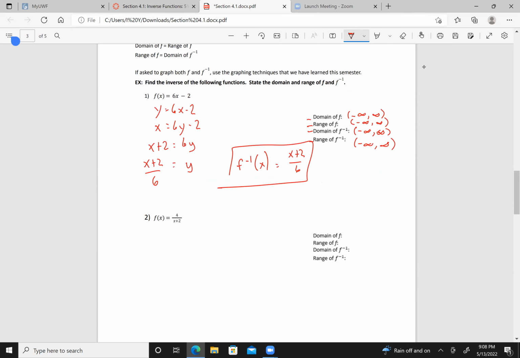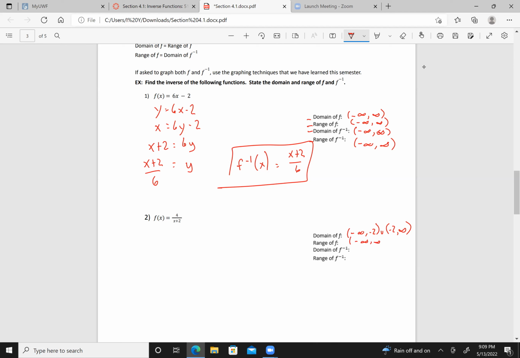Okay. Now let's look at another one here. I have f of x equals 4 over x plus 2. So my domain, x cannot be -2. So my domain is -infinity to -2, union with -2 to infinity. My range, on the other hand, can be anything.